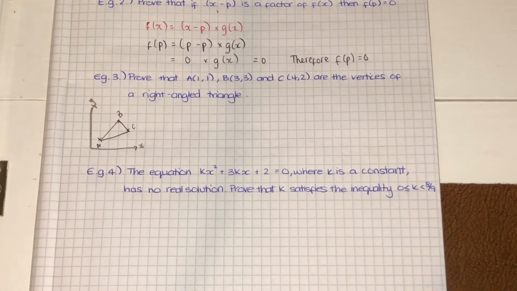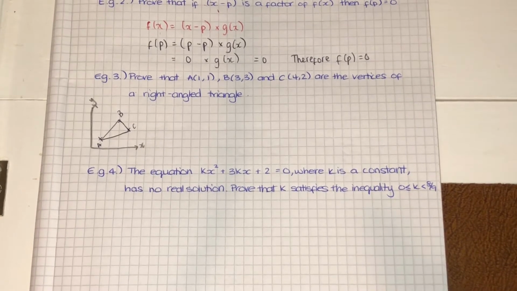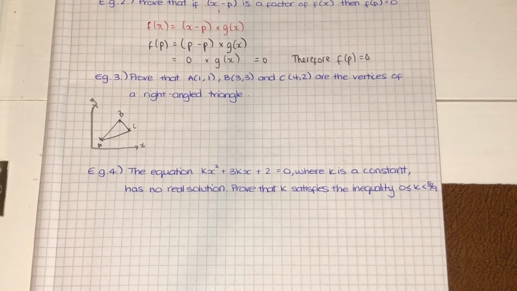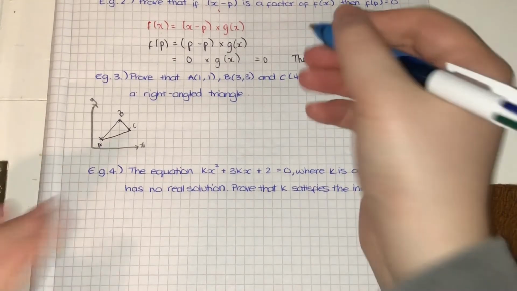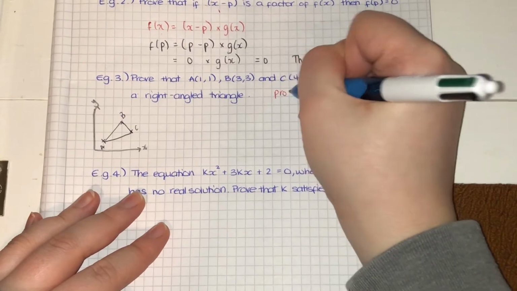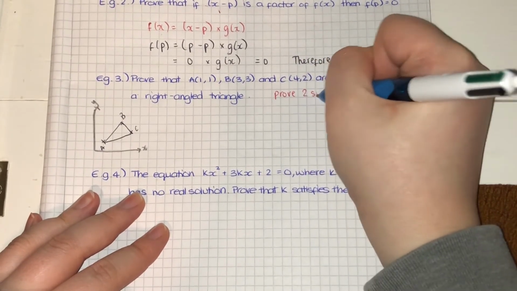Okay, so we need to prove that this is a right angled triangle. Now, the way to always do this is to prove that 2 of the sides are perpendicular.